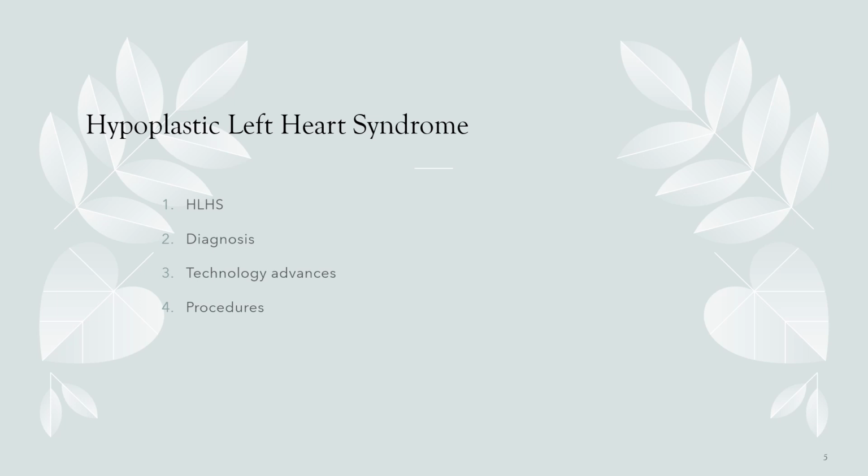This is the third and final stage of surgical treatment, typically performed when the child is 2 to 4 years old, and during this procedure, the inferior vena cava is connected to the pulmonary artery, allowing oxygen-poor blood from the lower body to bypass the heart and flow directly to the lungs for oxygenation. Although survival has improved drastically, HLHS is still a very complicated anomaly and is often associated with a very poor survival rate.